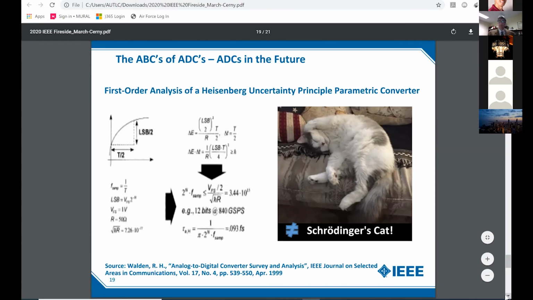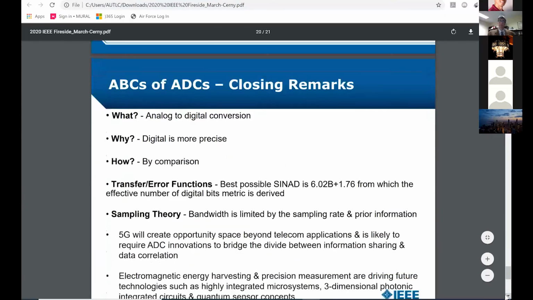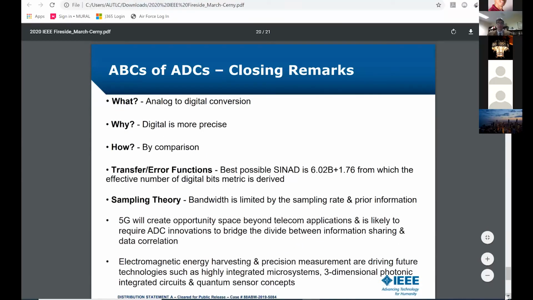Okay, so to wrap up, today I wanted to talk to you a little bit about what goes on with analog to digital conversion. We explained why it's needed and of importance, because we can represent the world with some precision in digital, and it's done by comparison between voltage and or power against some digital logic, and we try to quantize that continuum.